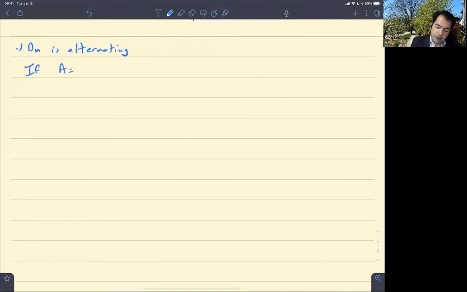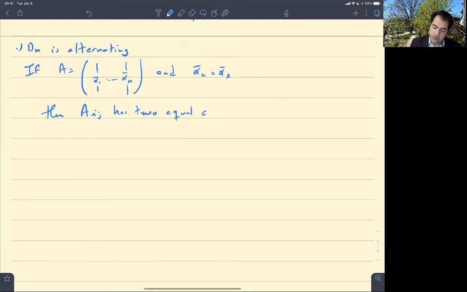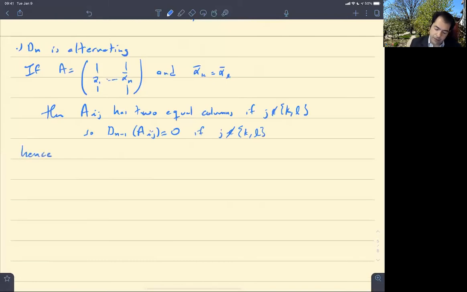If capital A has columns alpha_1 through alpha_n, and let's say two columns coincide, say alpha_k is equal to alpha_l, then capital A_ij has two equal columns as long as j is not in {k, l}. So D_{n-1} of capital A_ij is equal to 0 if j is not in {k, l}.